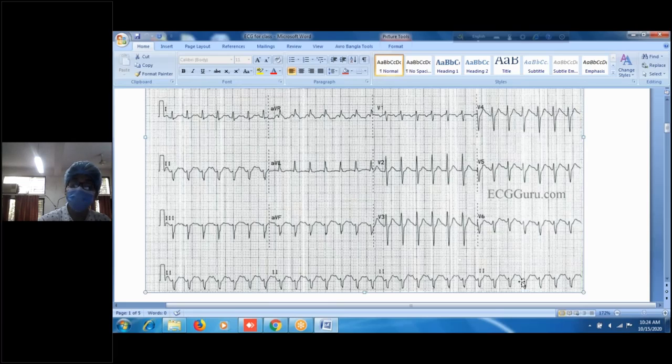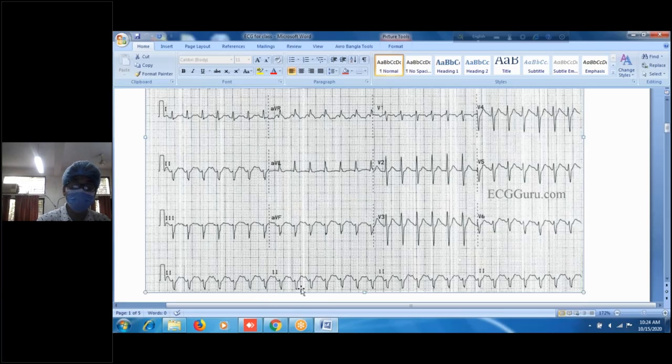And when there is a P wave preceding every QRS complex, then this is sinus tachycardia. In case of supraventricular tachycardia, you will have a narrow QRS complex.